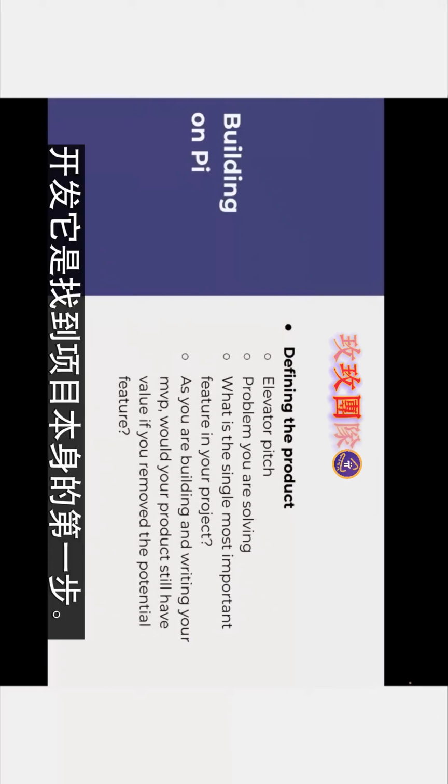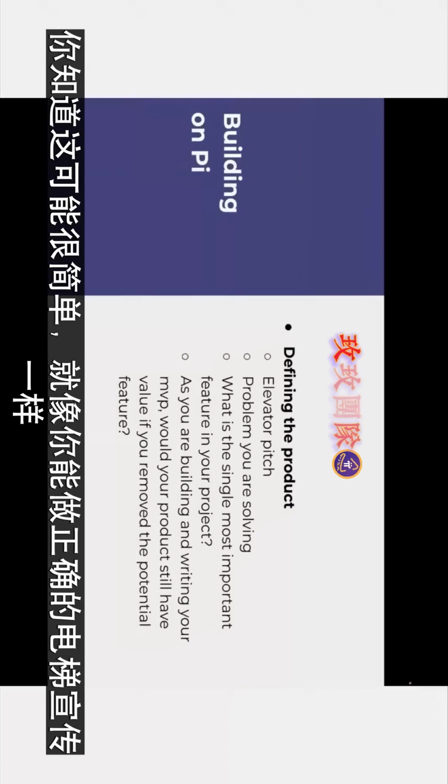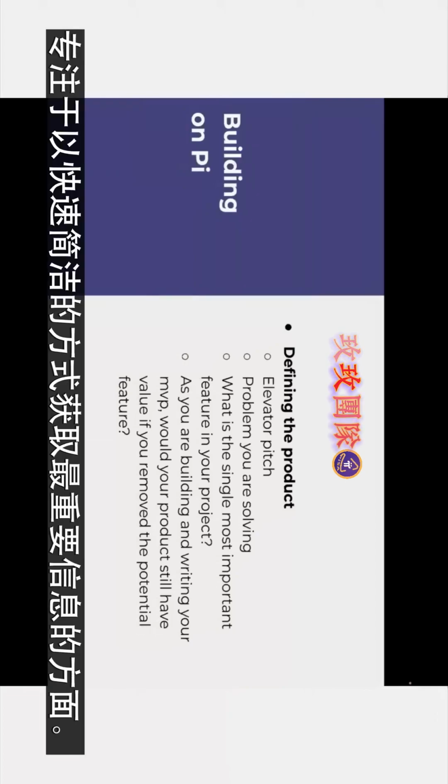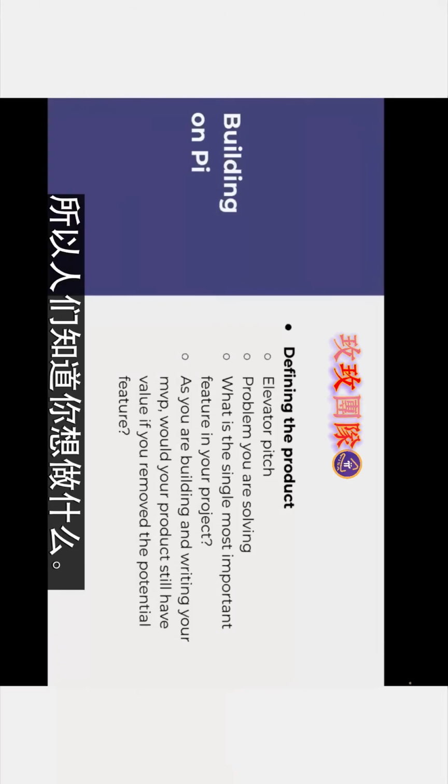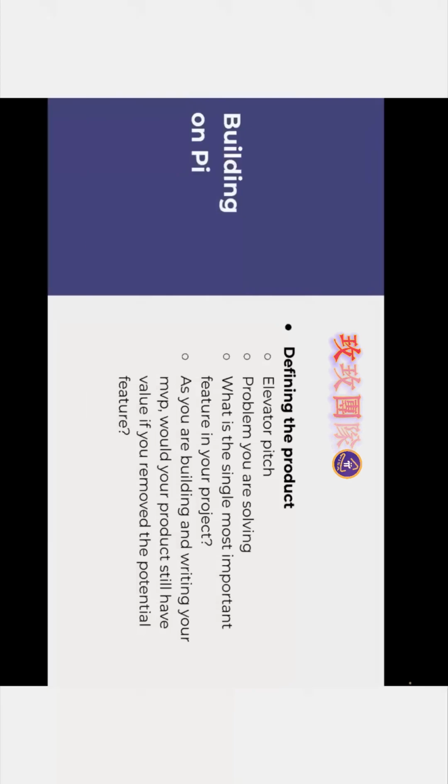So the first thing I would definitely say, when you're creating your project and developing it, is finding the project itself. It could be as simple as, can you do the elevator pitch? Focus on getting the most important information across in a fast and concise way, so people know what you're trying to do, and it's clear you've thought about what the most important aspect is. Usually that is what problem you are solving.